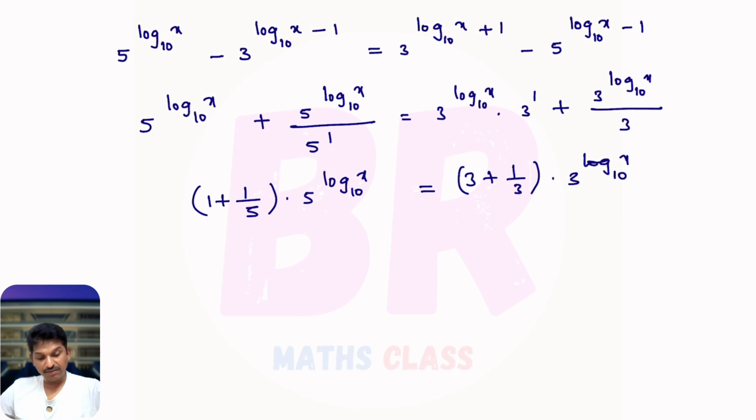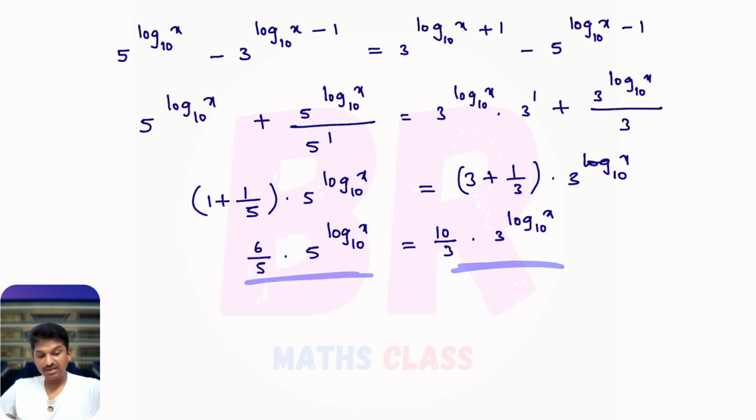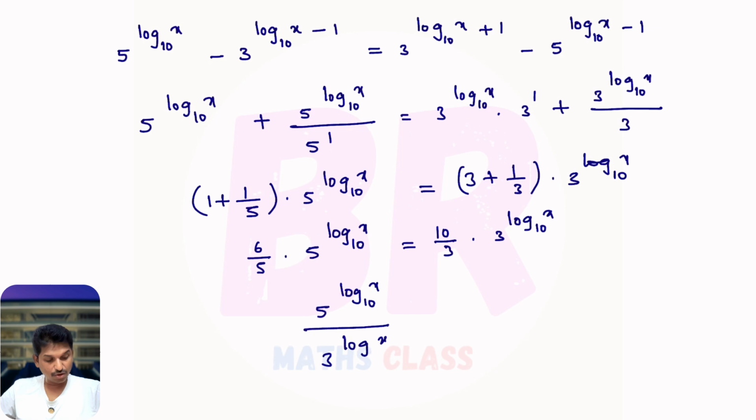Okay, simplify. If we cross multiply this, what you will get? 5 power log x base 10 divided by 3 power log x base 10 equal to 10 by 3 into 5 by 6. Now cancel.